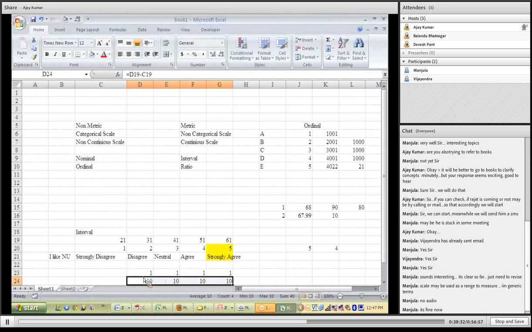So this still fulfills the requirement of an interval scale, which is that the interval between 2 points has to be equal. That is the property of an interval scale which has to be followed if you have to call it an interval scale. This is interval scale for you.